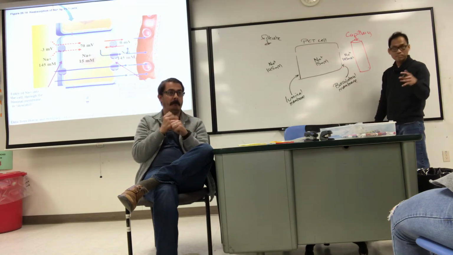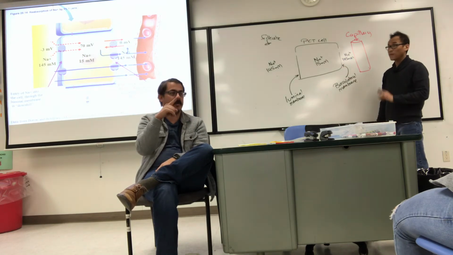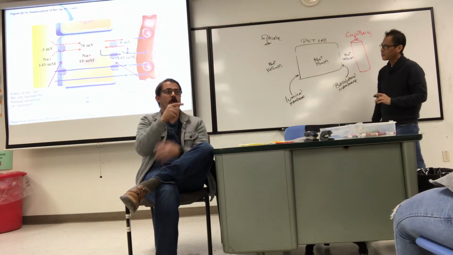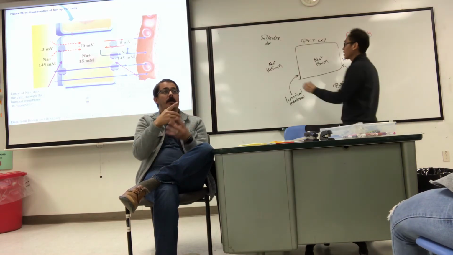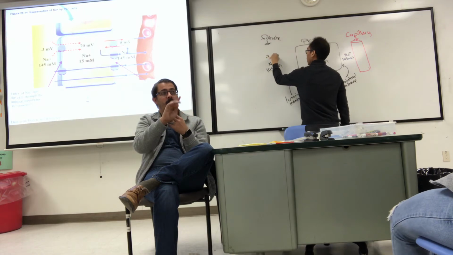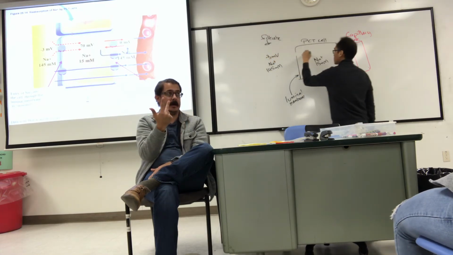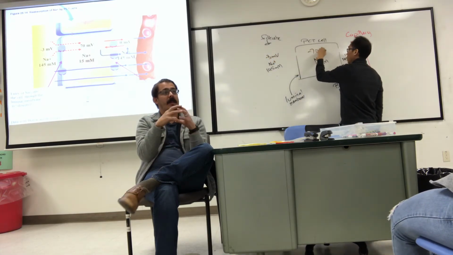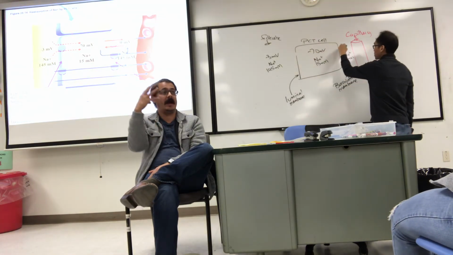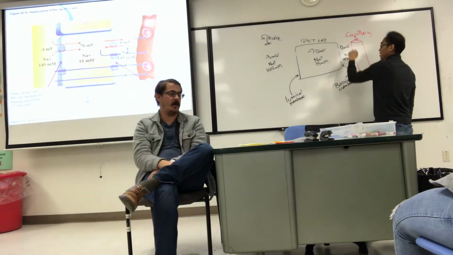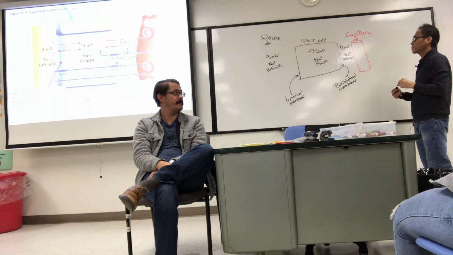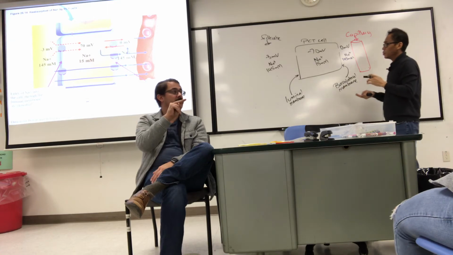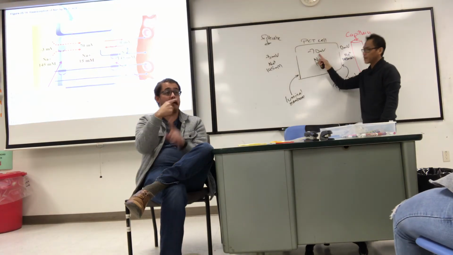And it's the same thing for the electrical gradient. In the filtrate, -3 millivolts. In the cell, -70. And outside the cell, pretty much 0 on that side. So if you're a positive sodium ion, do you want to go where it's more negative?